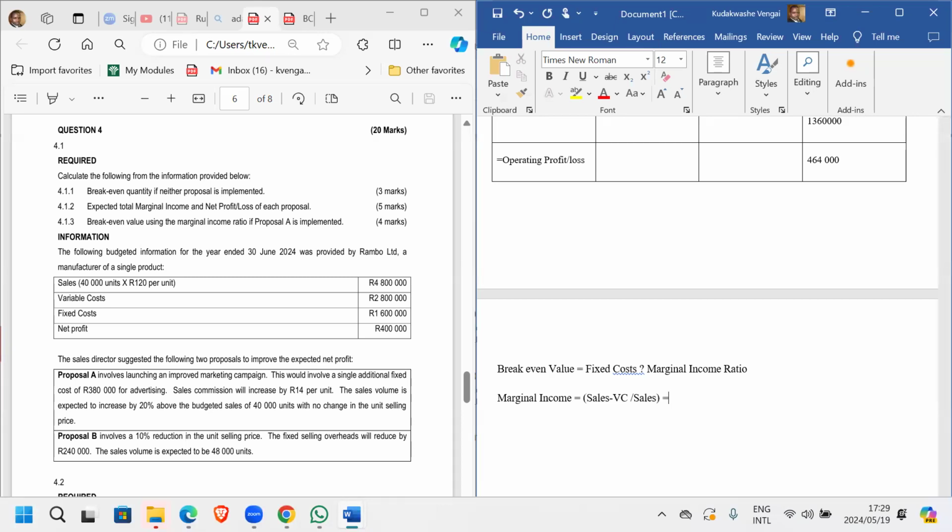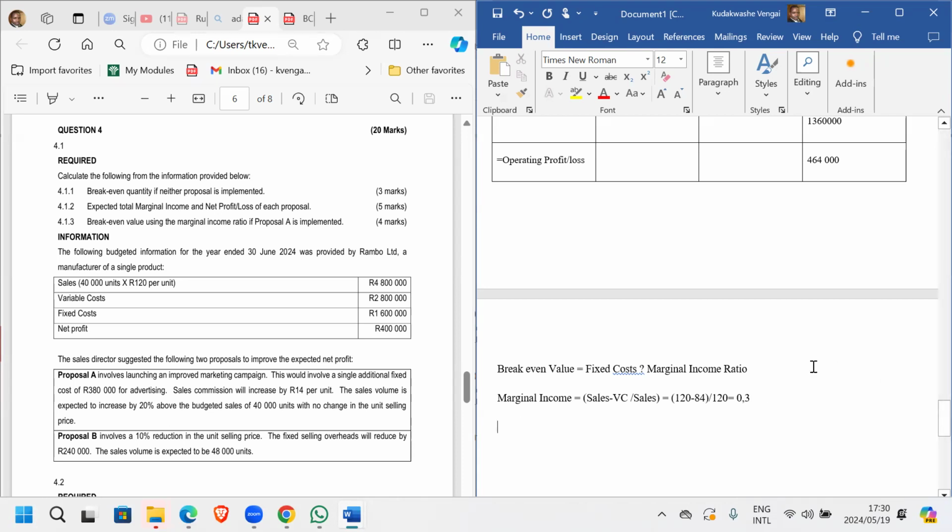Right? So this is going to be equals to under proposal what? A. Did the price change under proposal A? No. So it's going to be 120 minus the cost changed under proposal A. Remember, they became 84, right? Divided by 120. Right? So 120 minus 84 divided by 120 gives us 0.3.